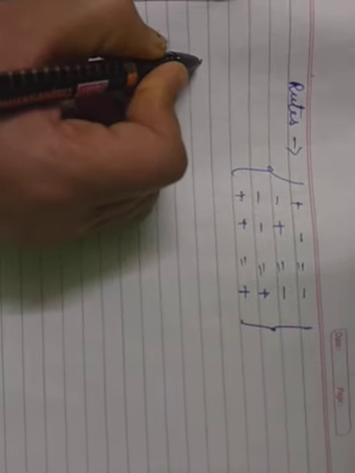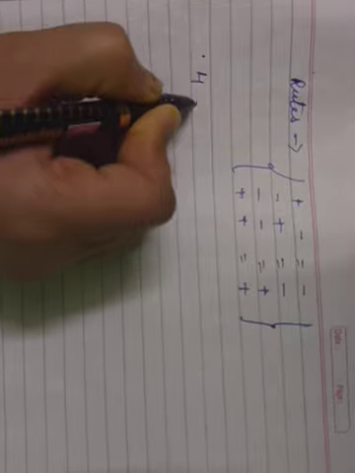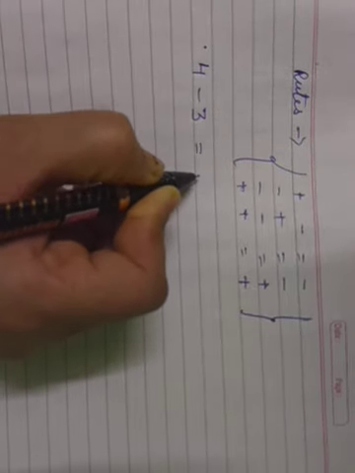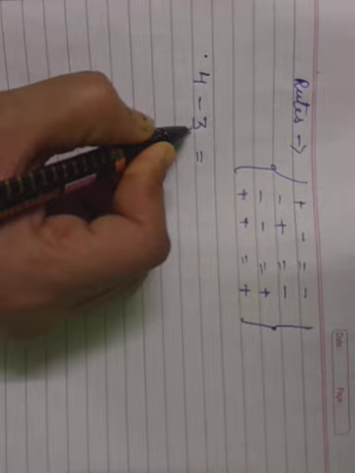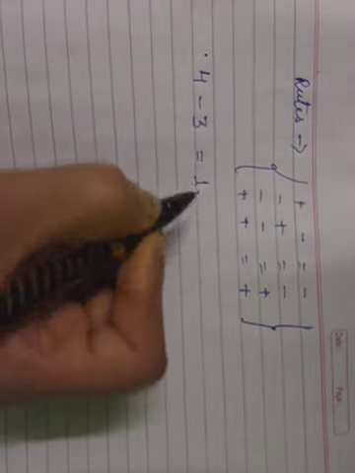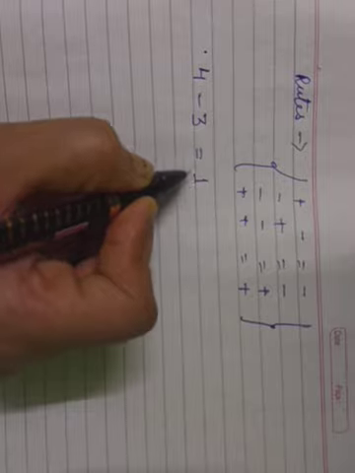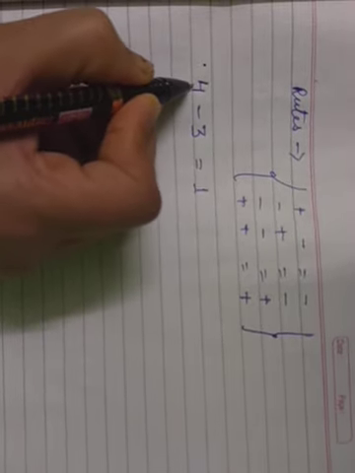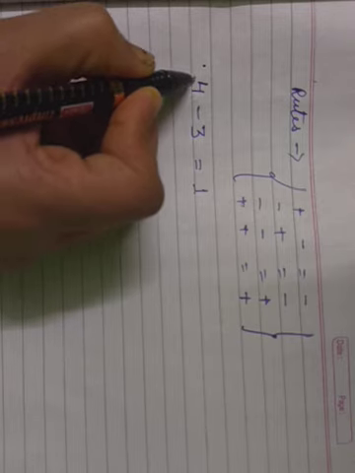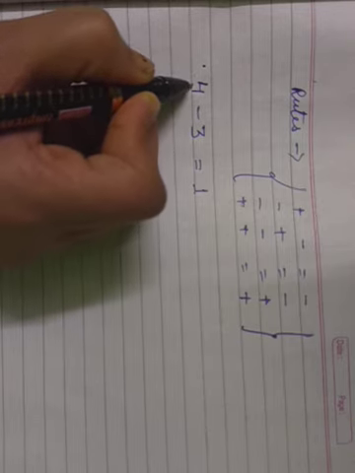For example, we take 4 minus 3 is equal to what? Generally we know this subtraction and we get 1, but how will we get 1? Now I am explaining in front of you. The sign of 4 is not given, it means this is positive 4.